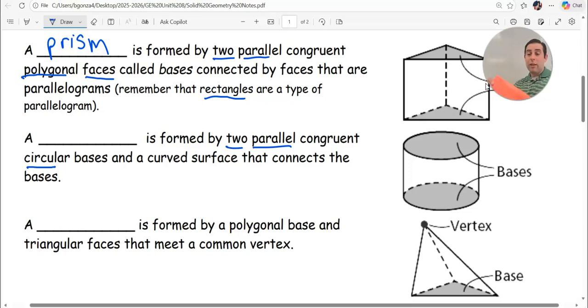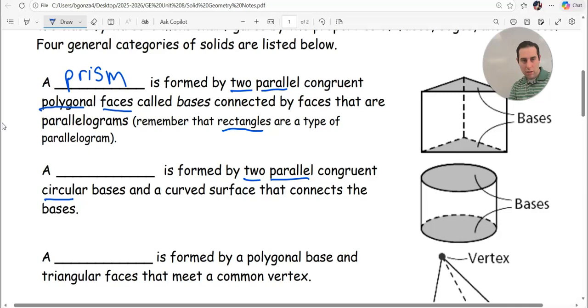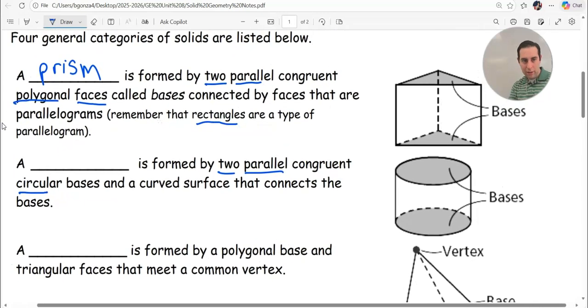Now this is correctly a cylinder. Again, two circles with a big old rectangle connecting them on the side. It looks like a can. You call that a cylinder. Cylinder. Starts with a C. Cylinder.